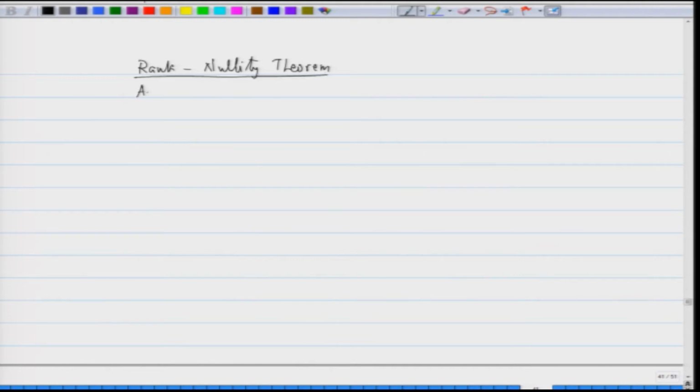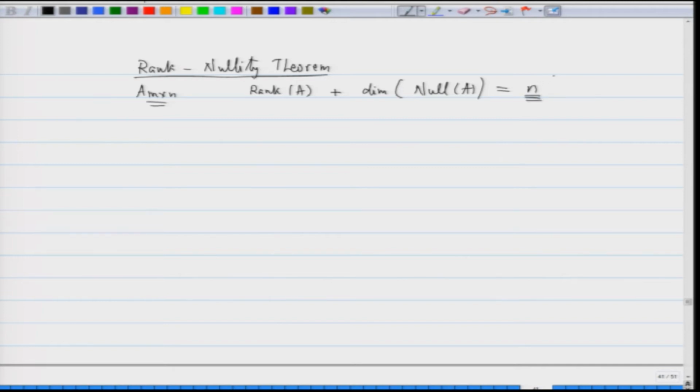A is m cross n, we are starting with this. We know what the rank of A is. Rank of A plus the dimension of the null space of A is equal to n. What is n?